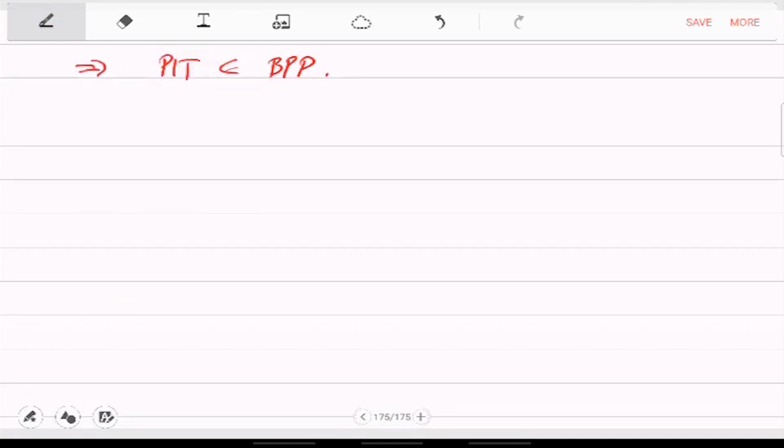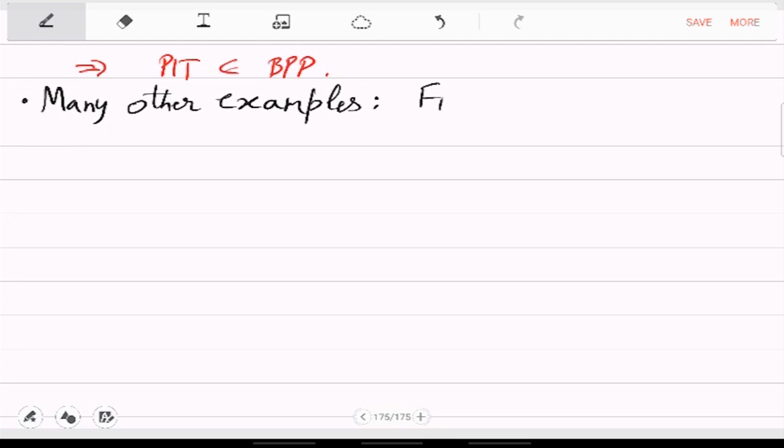And there are other examples. In fact, many other examples. So for example, finding square root modulo a prime. In graph theory, there are many examples. Finding a matching.